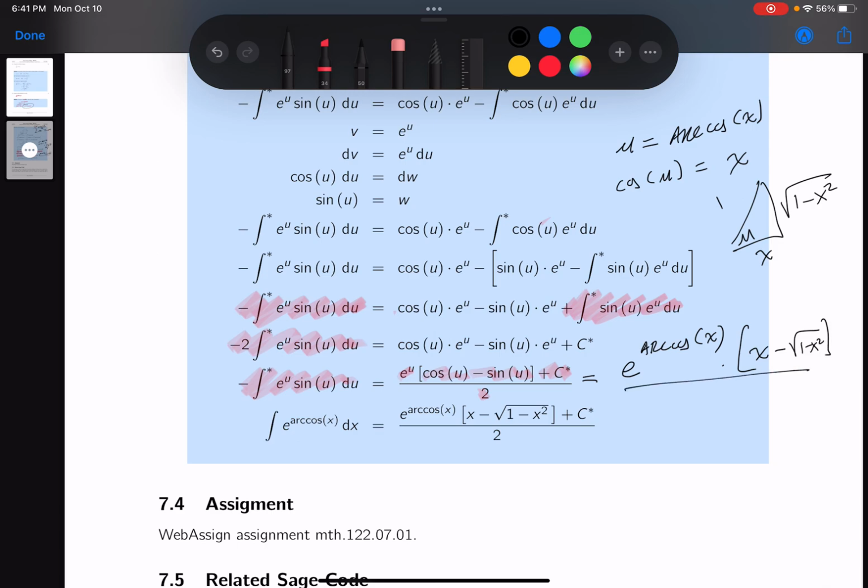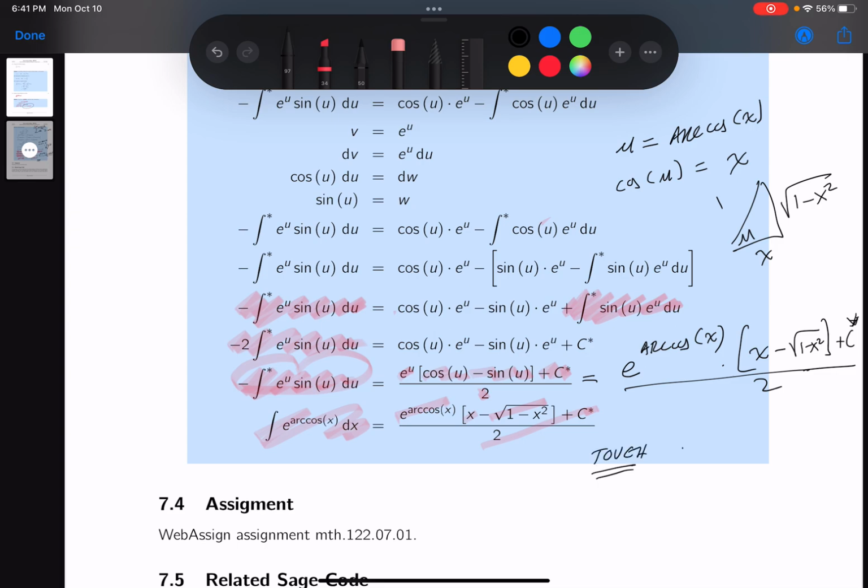And this is all over 2. And plus c star. And let's see if we got what we need. Let's take a look. Got this, got this, got this. Yeah, we're getting everything. And this over here is the same thing as this over here. We finished it. Now, was this difficult? Of course it is. It was a tough problem.